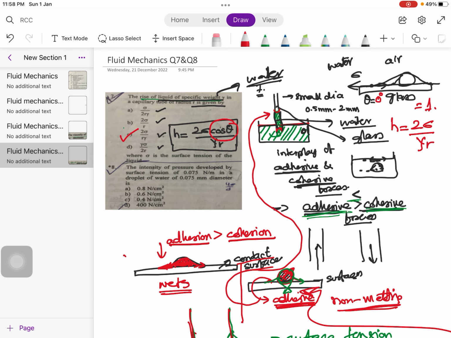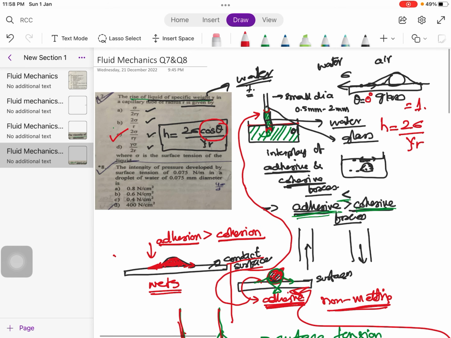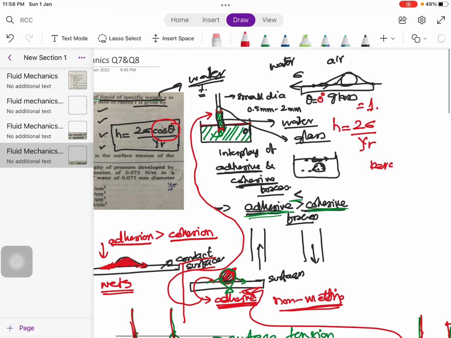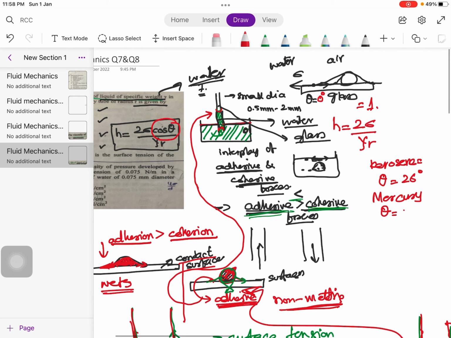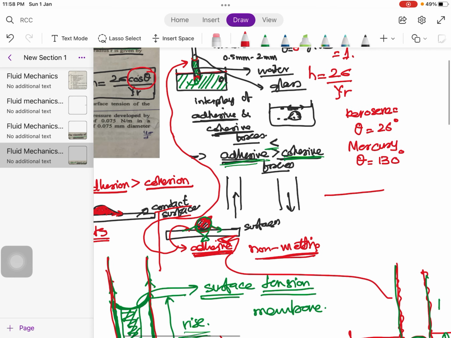If this liquid would have been kerosene, theta in case of kerosene is 26 degrees. And if this liquid would have been mercury, theta in case of mercury is 130 degrees. That means if we put a droplet of kerosene on glass, it would flush something like this.